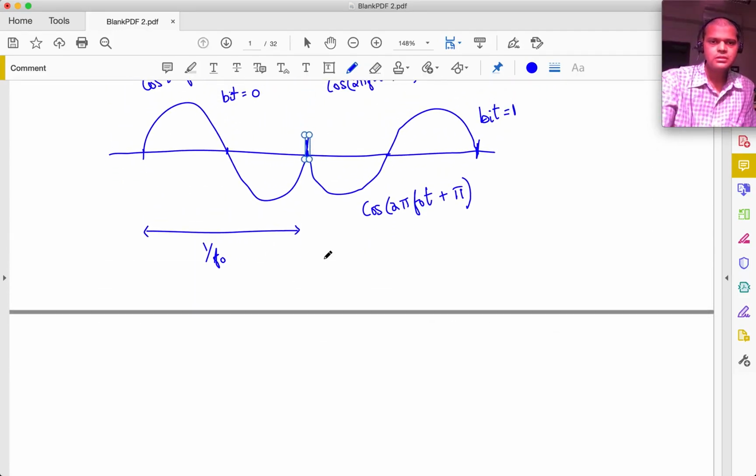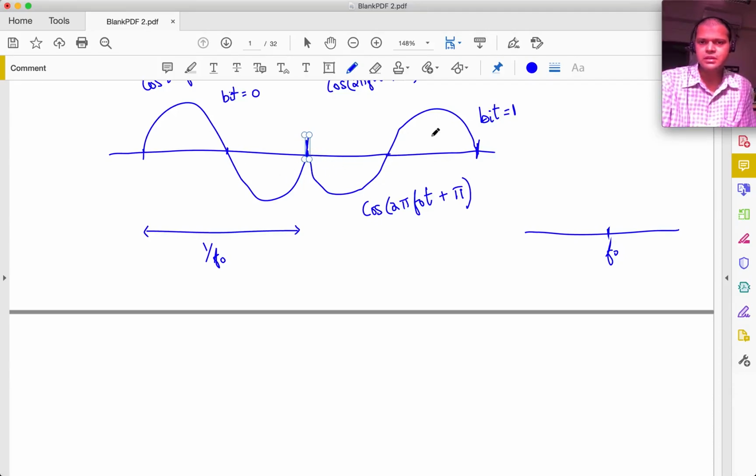Because I am varying the signal, it's not exactly concentrated only at f0. This is not just a plain sinusoid, because I'm changing the phase suddenly in between the signal. It can be shown that the Fourier transform of this will look something like this, around f0.